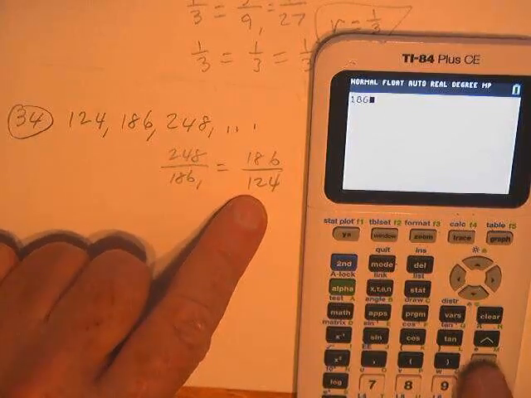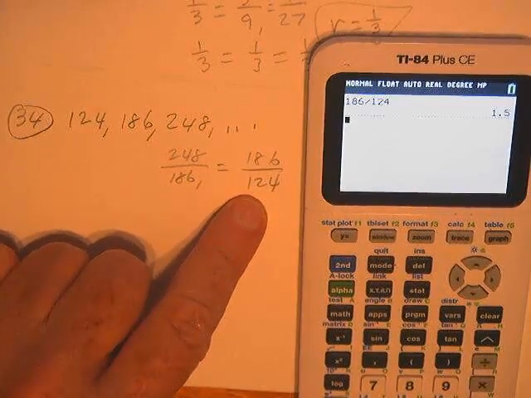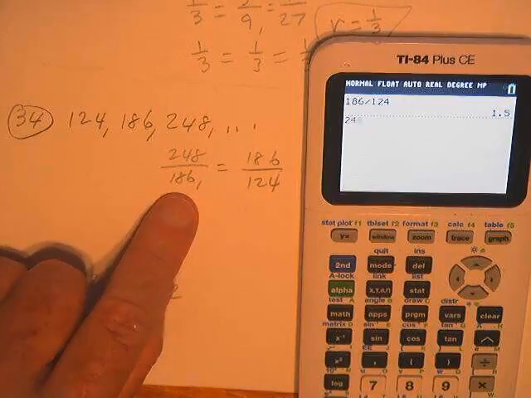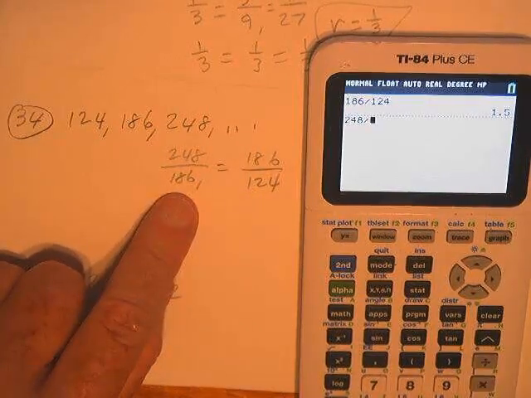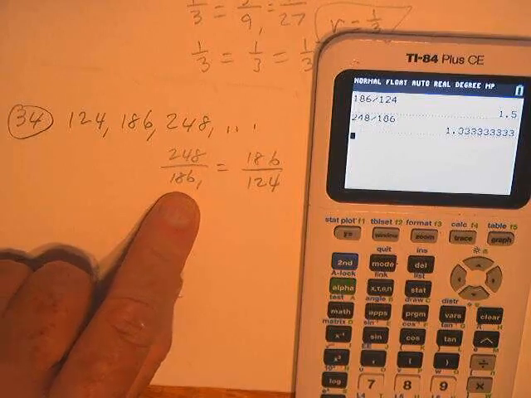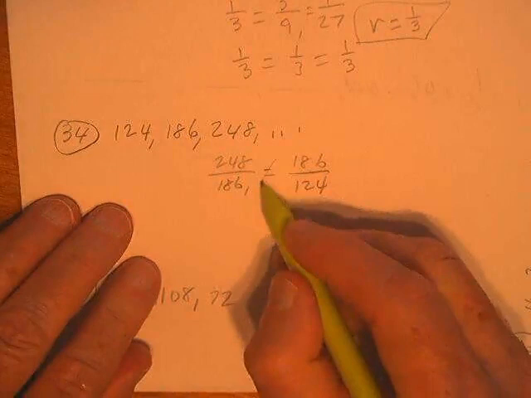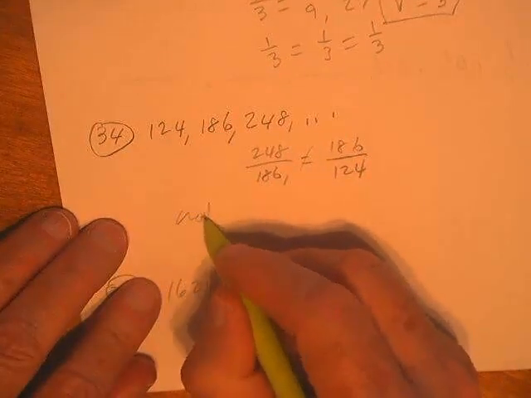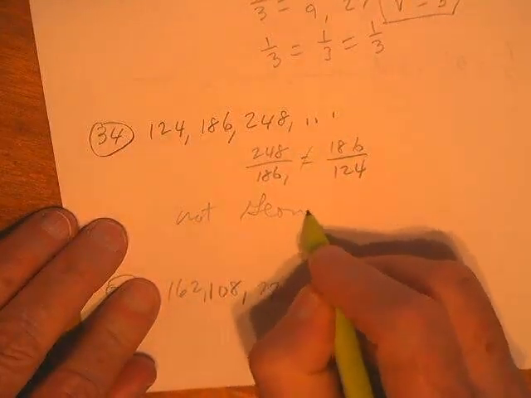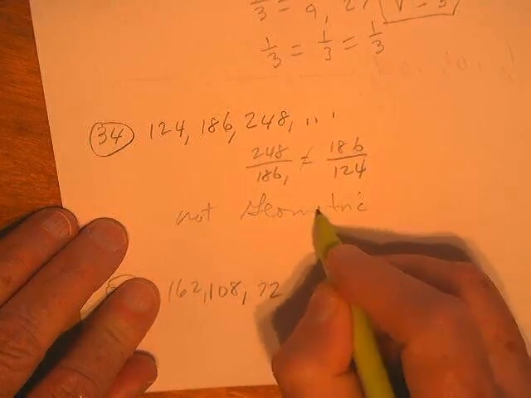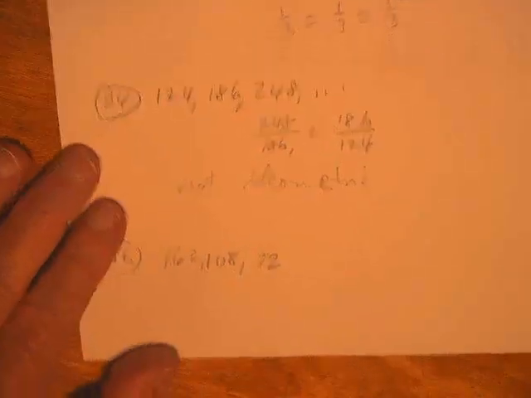How about 186 divided by 124? It's 1.5. 248 divided by 186. That one is not. These fractions aren't equal, so this one is not geometric.